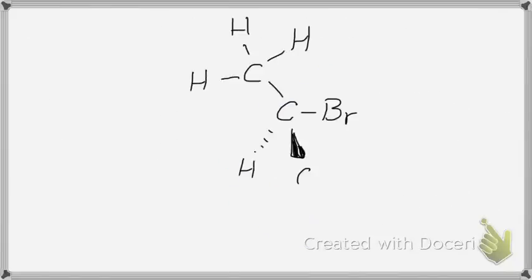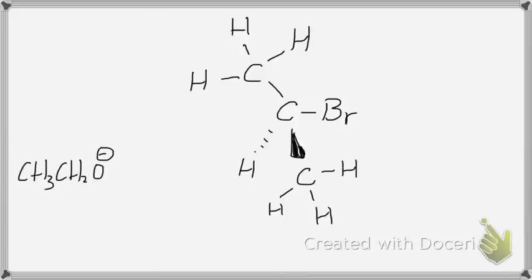So let's take a look at this secondary alkyl halide. Suppose this is the molecule that we want to work on. It's an alkyl halide. And the nucleophile, or the base we have, is ethoxide. If elimination takes place, let's say E2 elimination, a beta hydrogen will be removed along with the halogen, the leaving group.